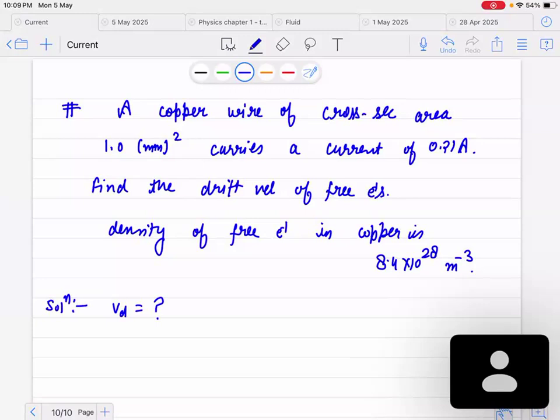Aditya, is it okay? Yes, sir, I get it. Okay. So which formula will you use? There are many formulas to calculate drift velocity.